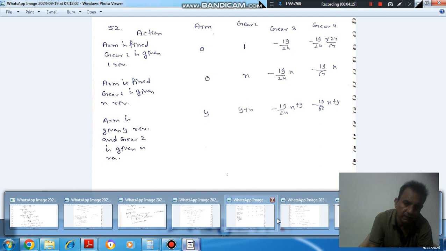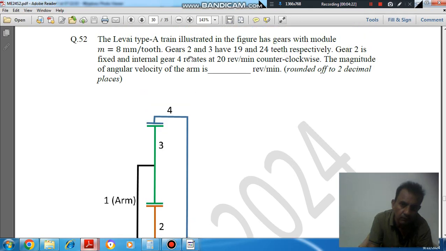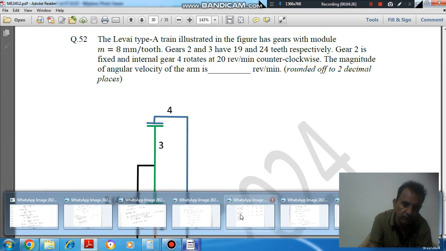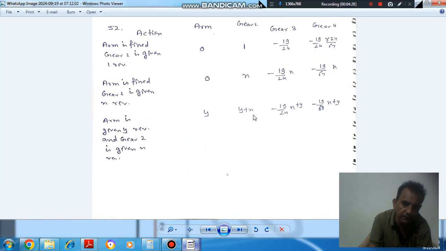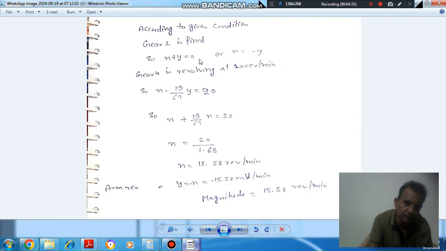That is the table. According to the given condition, gear 2 is fixed, so the revolution of gear 2, x plus y, is 0. So x will be equal to minus y.